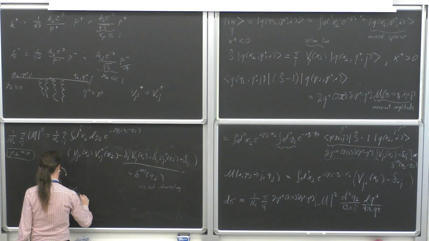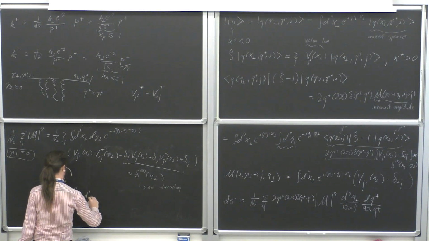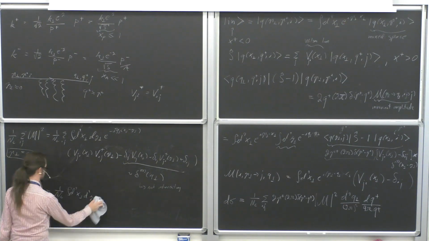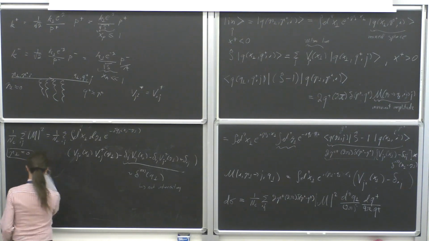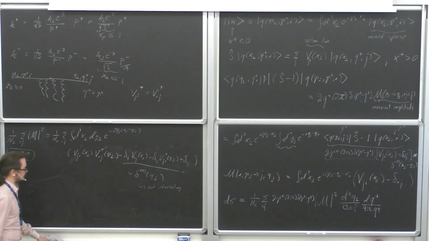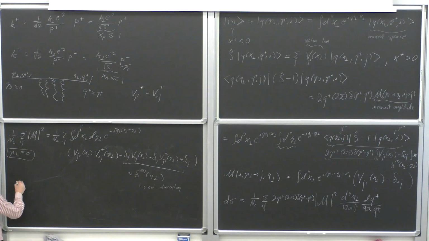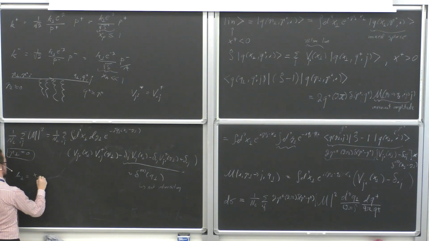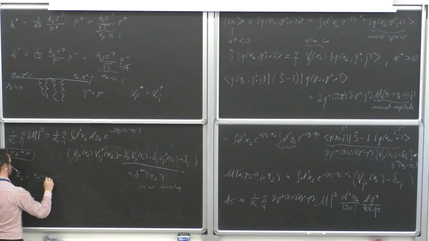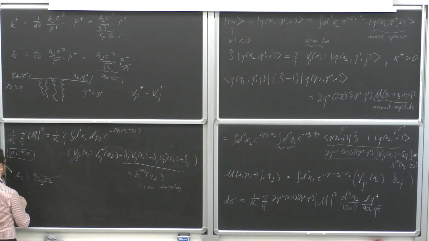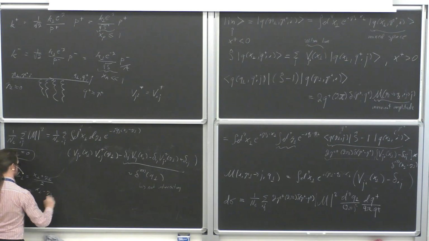d²x perp d²y perp, and let me actually write this. To make the dimensions a little clearer, I can define an impact parameter b perp, which is (x perp plus y perp) over 2, and a radius r, which is x perp minus y perp.